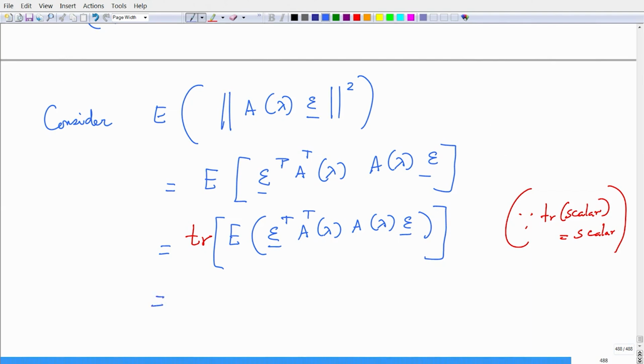Now, I can exchange the expectation and trace, the linear operators. So, I have expected value of trace of epsilon transposed A of lambda transposed A of lambda times epsilon. So, I have this in this form.